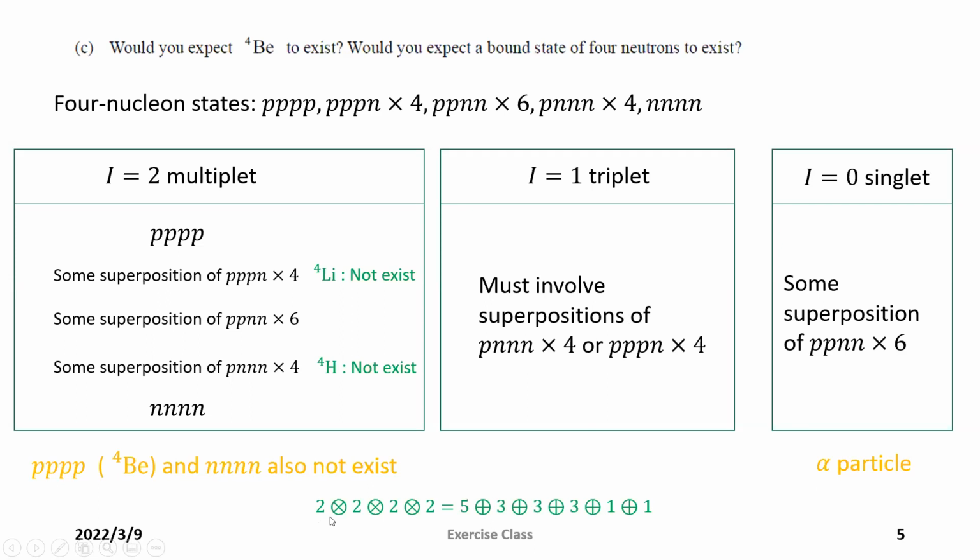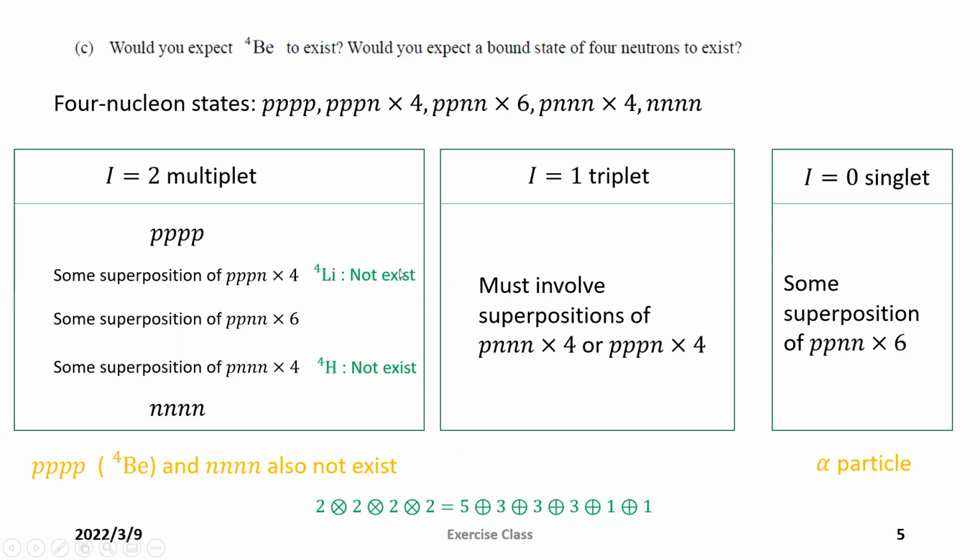So we have 4 nucleons, each nucleon is an isospin doublet, and it can be decomposed into 5. 5 means the I equals 2 multiplet, and we have 3 triplets and 2 singlets.